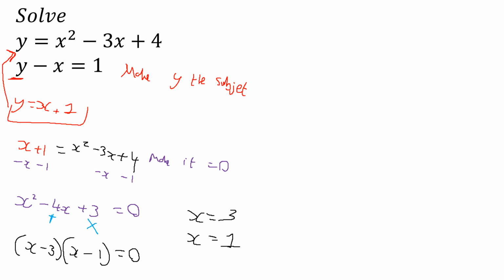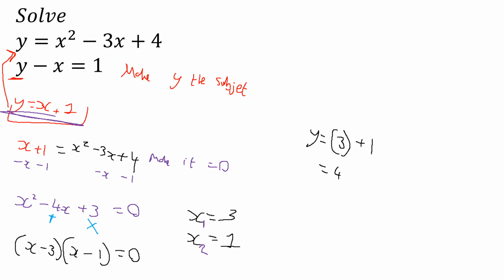Now, notice how we've already written out that y is equal to x plus 1, which means that there's no other algebra that needs to be done. All we need to do is just substitute one of these one at a time. So let's start with y1. So when x is equal to 3, y is going to be equal to 3 plus 1, which is equal to 4.